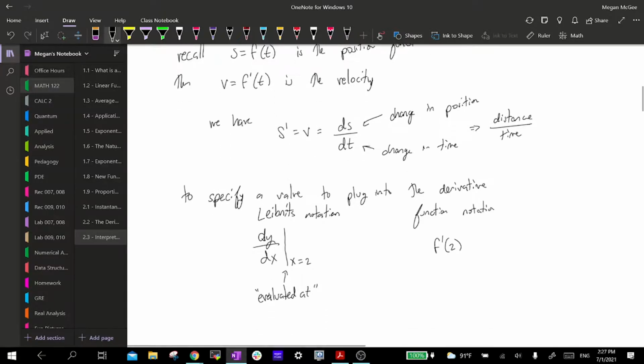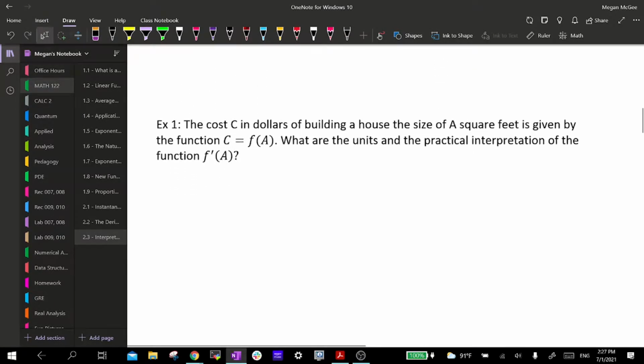Alright, so with that, we're going to finally get to our first example today. The cost C in dollars of building a house the size of a square feet is given by this function C is equal to f of a. What are the units and the practical interpretation of the function f prime of a?